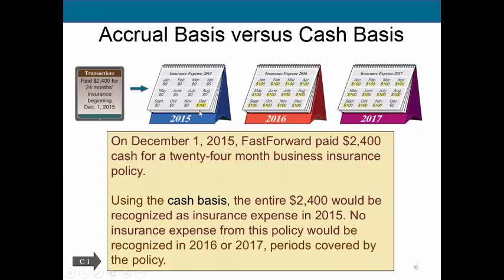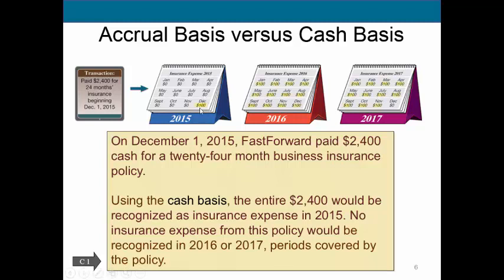If we're using cash basis accounting, cash basis tells us that we make entries when cash changes hands. So if we paid for that insurance policy on December 1st, 2015, you can see here this calendar represents 2015, we would recognize the entire amount as insurance expense in December of 2015.